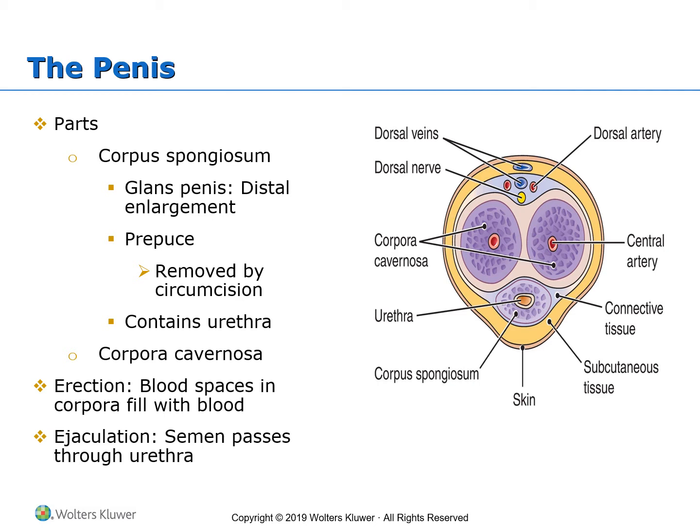Ejaculation represents the forceful expulsion of semen through the urethra to the outside, and those reflexes are initiated by centers in the spinal cord that will stimulate the smooth muscle that will contract at the level of the prostate. In addition to that, there will be a synchronous contraction of the skeletal muscle in the pelvic floor that will provide the force necessary for expulsion.